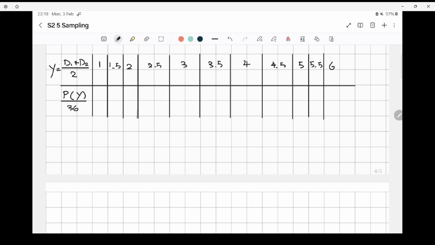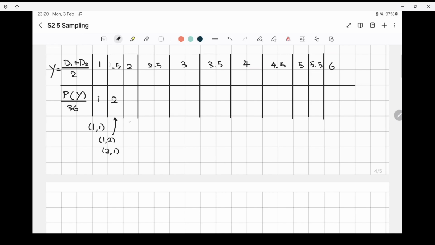If you roll 1, what you can get is only both of the dice roll 1. So this is 1 over 36. If it is 1.5, then you have both sides either 1, 2 or 2, 1. So this is 2.